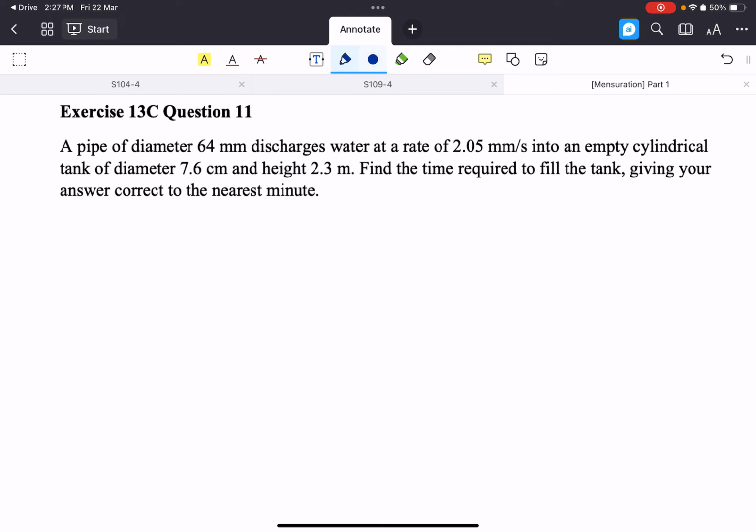So what we are going to do is first of all find out the amount of water that's discharged for a certain period of time. So how do we do that, right? The water pipe is actually cylinder in shape.